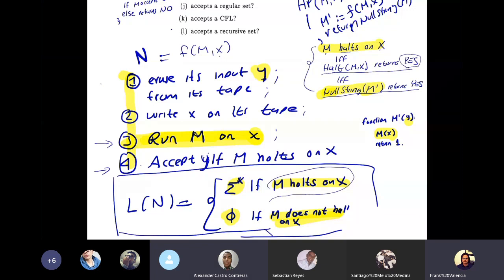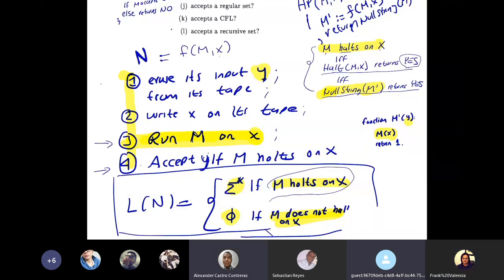You can see that because it is in a loop. Exactly. Because you are simulating M on X. So if M gets in a loop on X, that means it doesn't halt, then you will stay in this loop and you will never get to this point. Now, if M actually halts on X, then you accept Y. So this Y will be in the language of N. You see that?